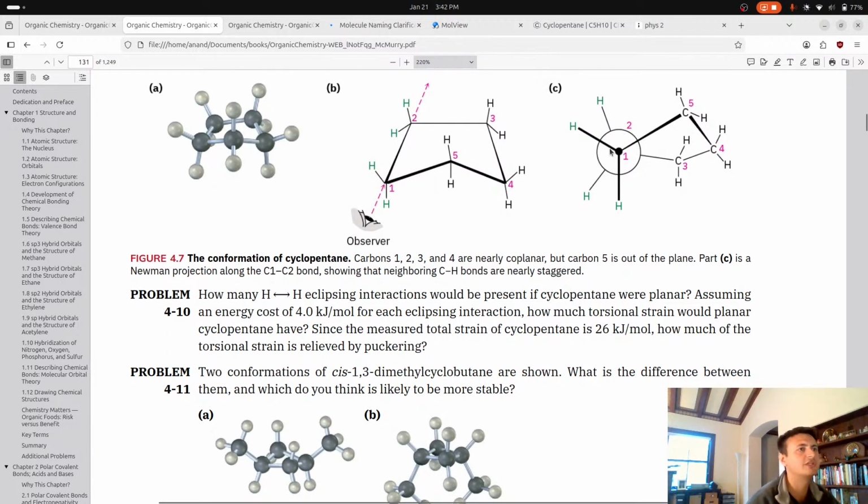You can only see it if you're looking along that axis, so these perspectives will not be right. It's only projected along two carbons, so the rest of this is kind of not very relevant.